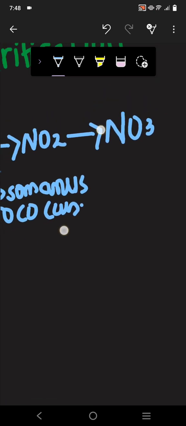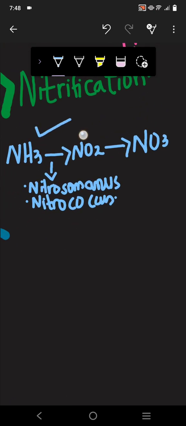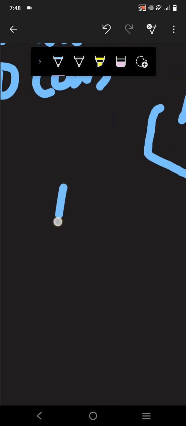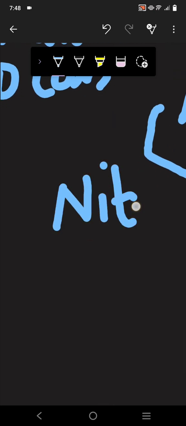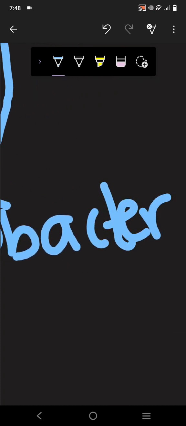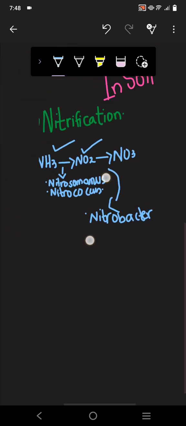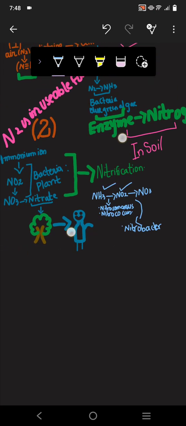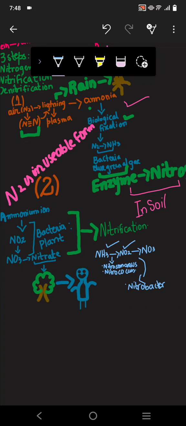And from ammonia to nitrite, then from nitrite to nitrate, another bacteria works, that is known as Nitrobacter. So this is how our nitrification is done.